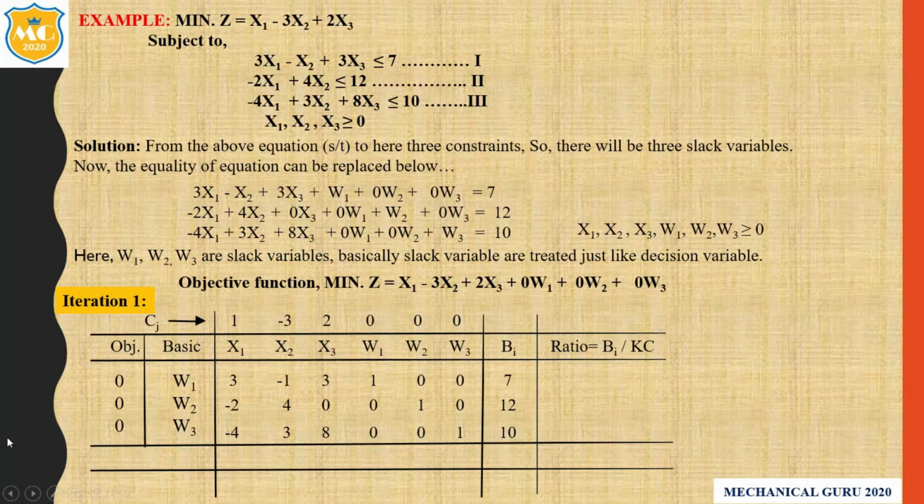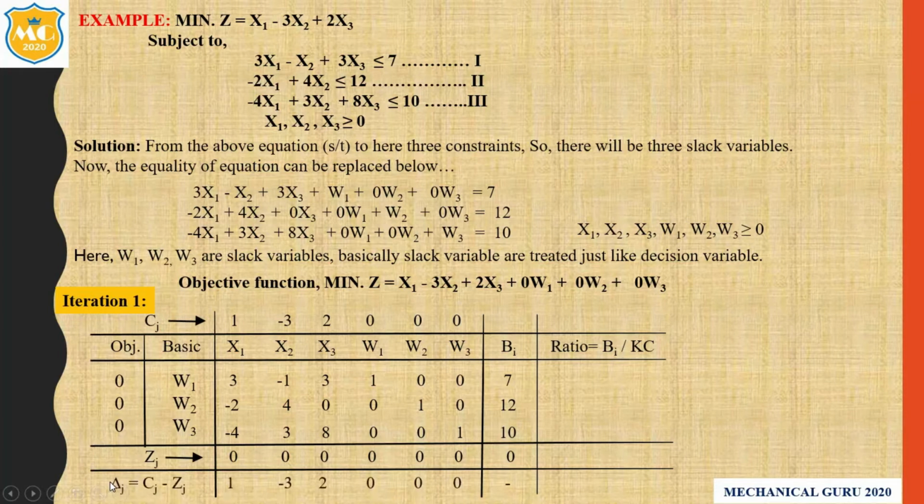Next we find the Zj value, which is simple multiplication of the objective cost with each column, starting from the first column: 0 times 3 plus 0 times -2 plus 0 times -4, so we get 0. All the objective values are 0, so all the Zj values are 0.